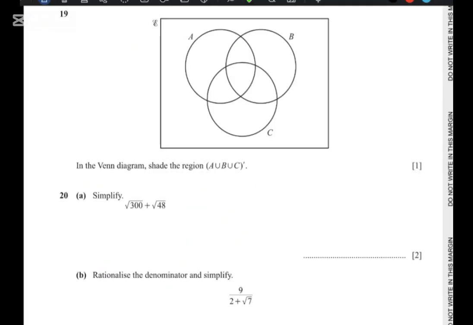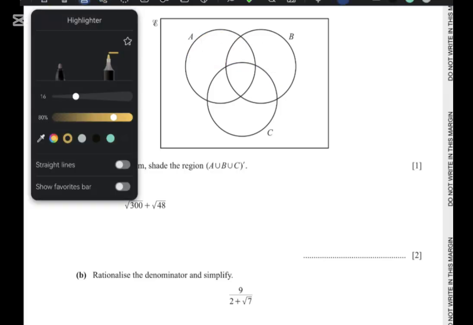Question number 19. In the Venn diagram, shade the region A union B union C complement. Whenever complement is given, that means except the region here, you have to shade the part which is outside. So A union B union C will be this whole part. Complement will be the part which is outside this. So except these 3 circles, we have to shade the other part.